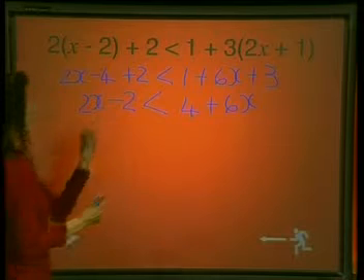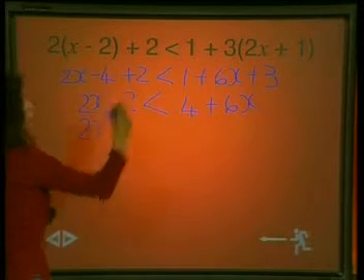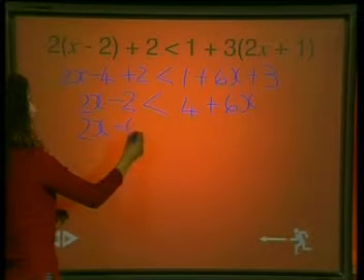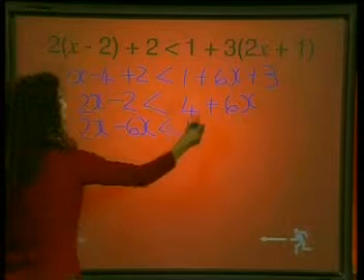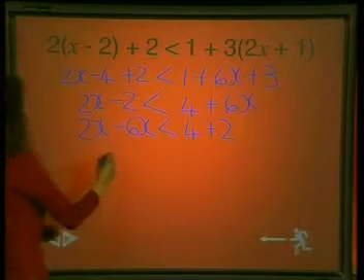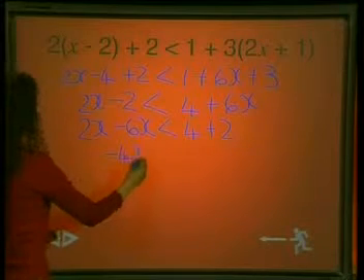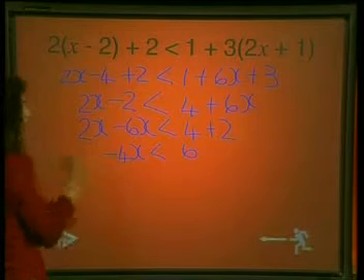Now let's get all the x's onto the left-hand side. So we get 2x minus 6x is less than 4 plus 2. Adding our like terms once again, we get minus 4x is less than 6. Now we need to divide by a minus.